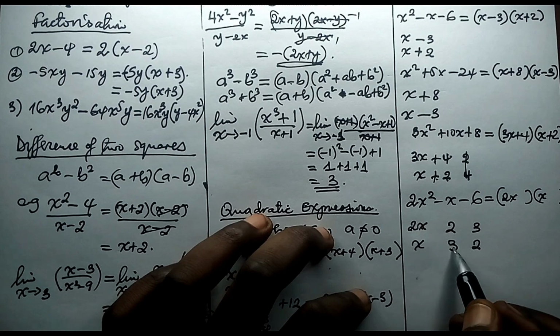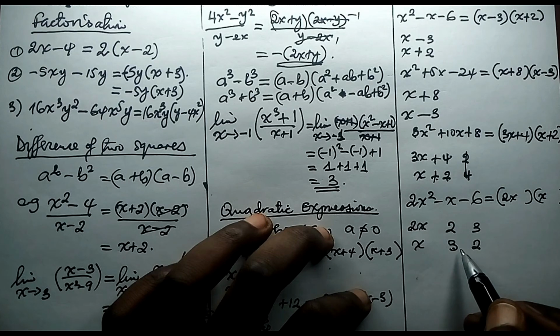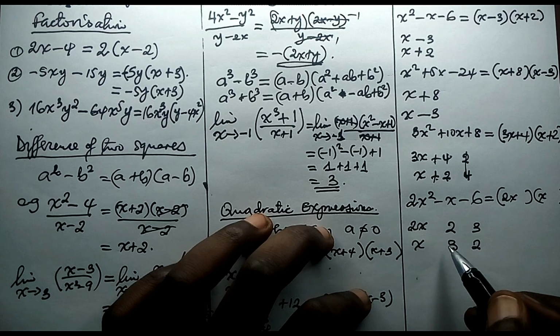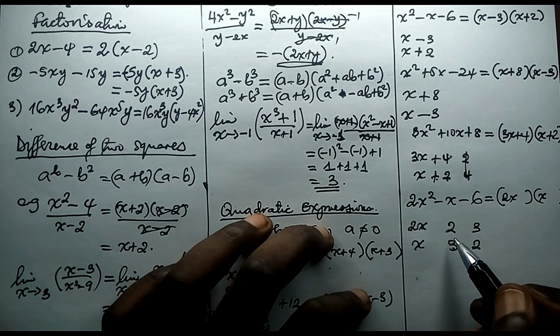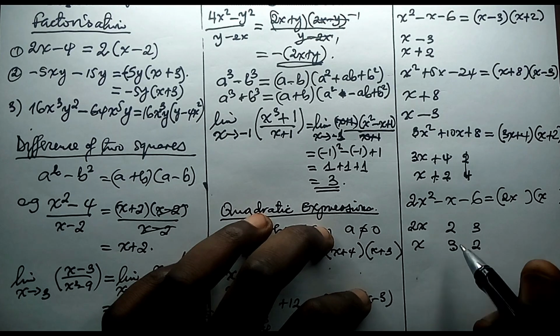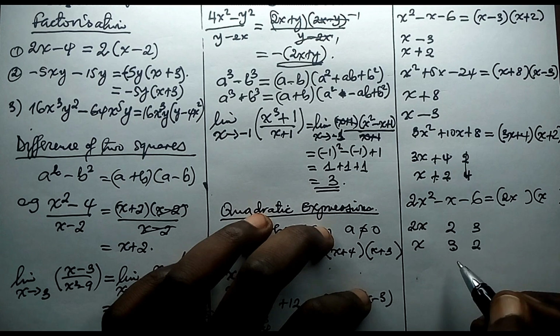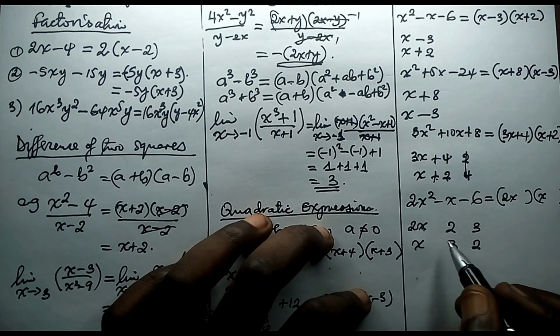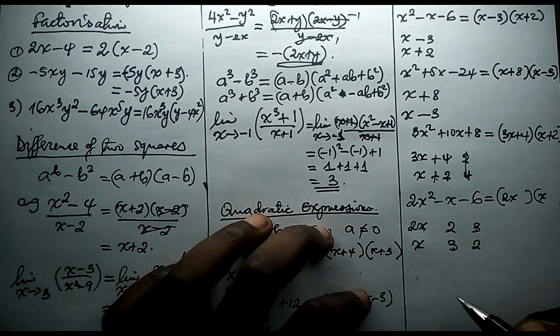2x times 3 gives 6x, and x times 2 gives 2x. Adding 6x and 2x or subtracting them, I can never have negative x. It means it's not the pair I want. I move to the next pair. 2x times 2 is 4x, and x times 3 is 3x.